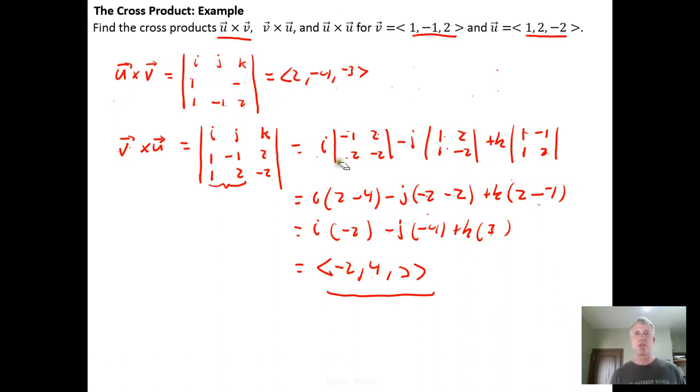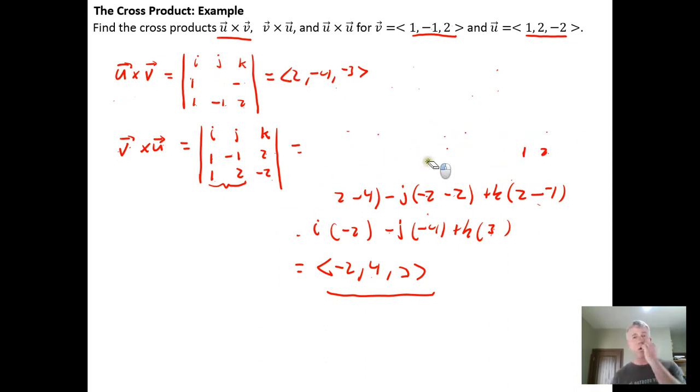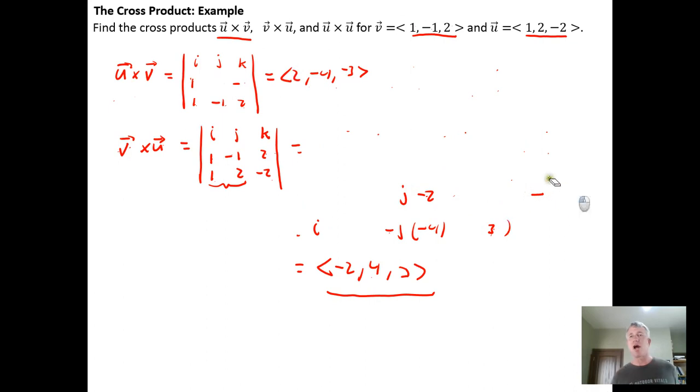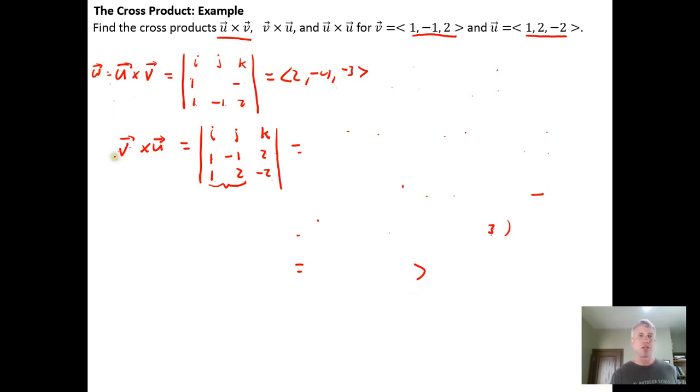And in general, that's what's going to happen when you change the order of the cross product, you get the opposite vector. So if we name this one w, then this one is going to be the opposite of w.